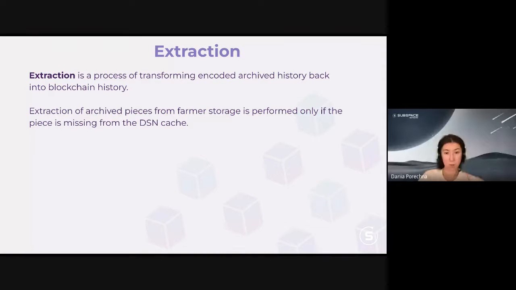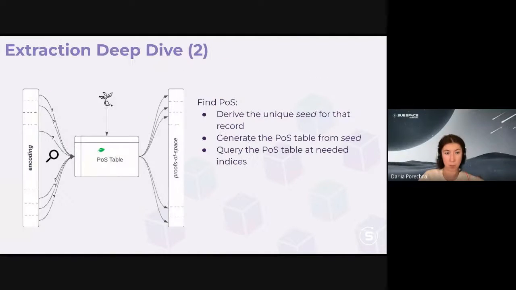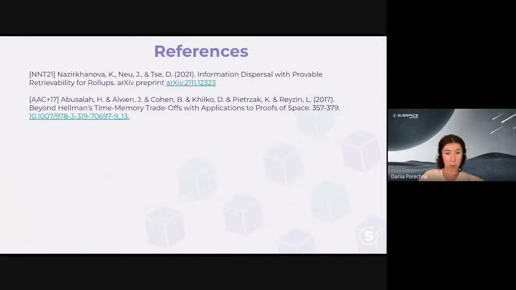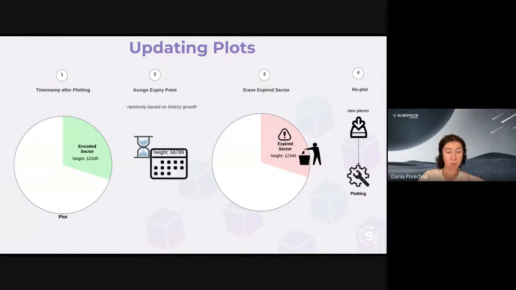Okay, then for your second question about updating plots, the farmers are not going to be updating all at the same time. We'll assume most of our farmers are going to have more than 1 gigabyte pledged to the network. Sectors will be expiring one by one, well, not sequentially, at random times in the future.